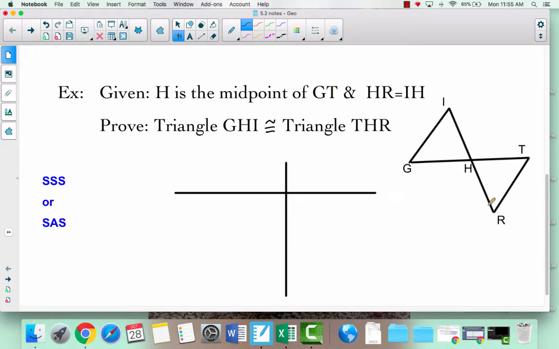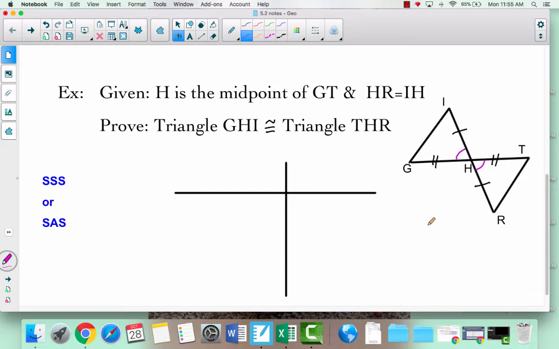So because HR is equal to IH, I'm going to mark those with a dash. And then if I know H is the midpoint of GT, then that tells me these two segments are going to be the same. Okay, and then the only other thing we can mark in this picture, because we don't know anything about the other sides, is that this angle is going to be equal to this one because they are vertical angles.